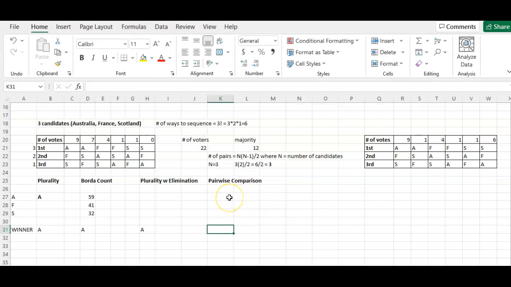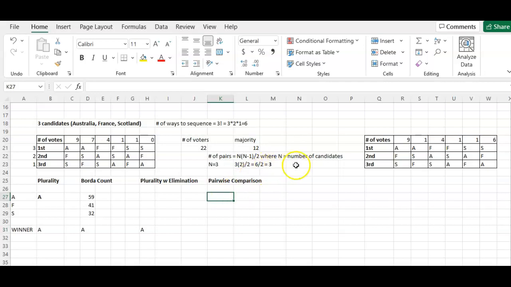Pairwise comparison is when we compare each candidate with the other and assign them votes, if you will, based on whether in each sequence they're above or below each other. And we have to create the pairs that are conceivable.